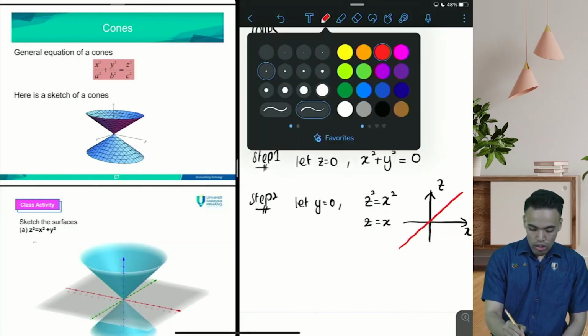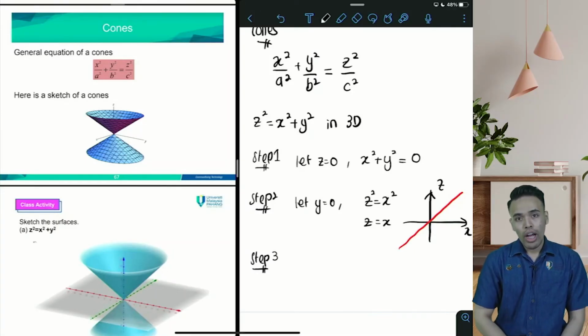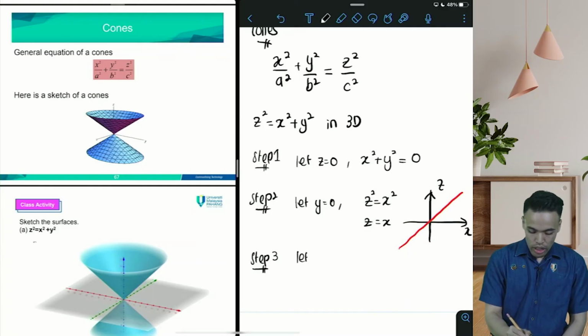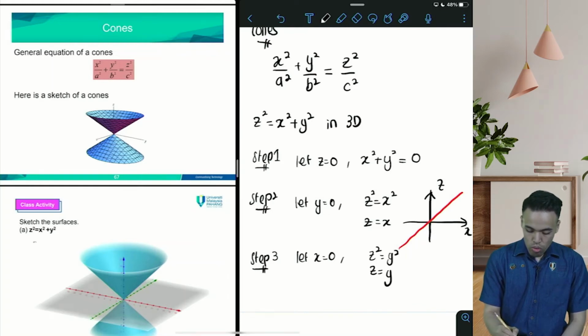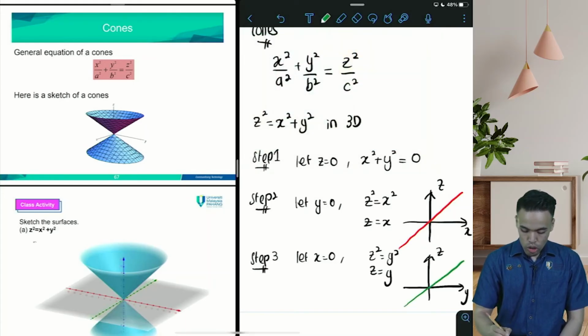And then let's move to step number 3. You try to observe your surface along the x direction, so it will be mapped onto the yz plane. On the yz plane, there is no variable x, so you can assume x is equal to 0. So z squared is equal to y squared, z is equal to y. When this happens, you will sketch z versus y, and it will give you another straight line.